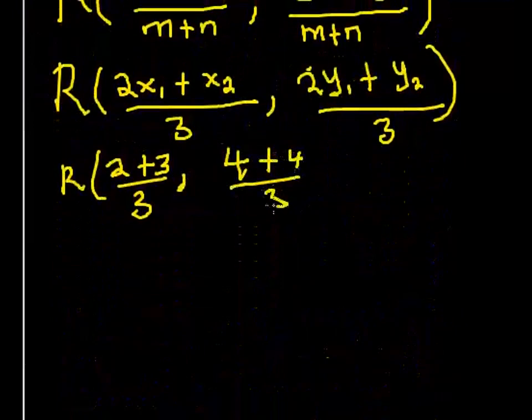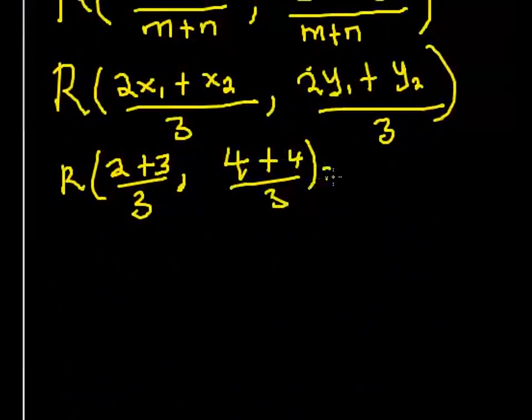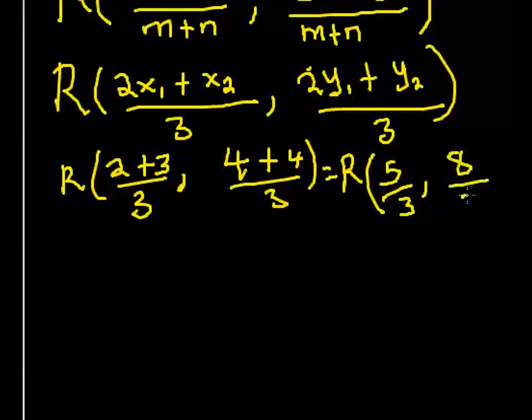All over 3. Okay, so this is going to be 2 plus 3 is 5. That's going to be 5 all over 3, bracket 5 comma 8 all over 3. Okay, so that is how that works.